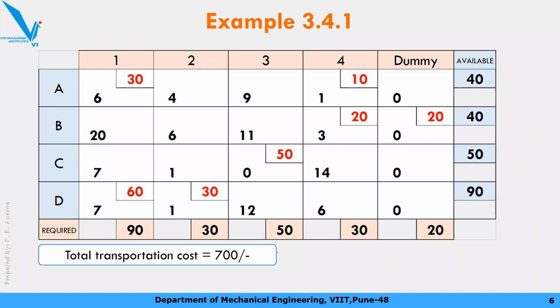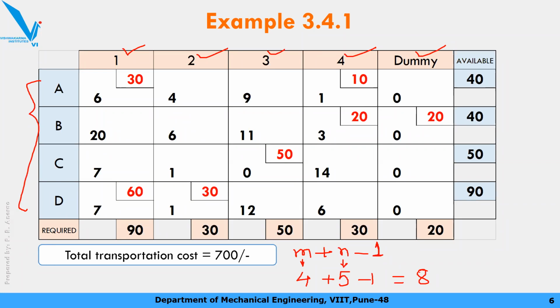As per our definition, m plus n minus 1, just do the calculation for this. m is the number of rows, n is the number of columns. In our problem statement we are dealing with 4 rows, so m is equal to 4, plus n number of columns: 1, 2, 3, 4, and dummy, that is fifth, so we are dealing with 5 columns, minus 1, so 9 minus 1, that is 8.